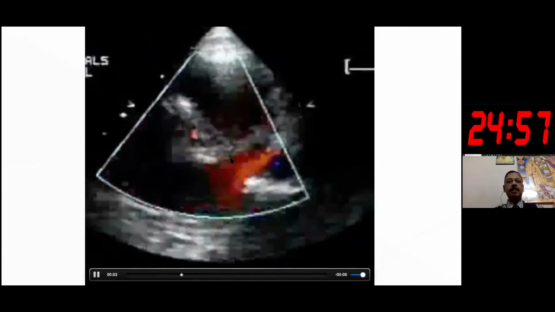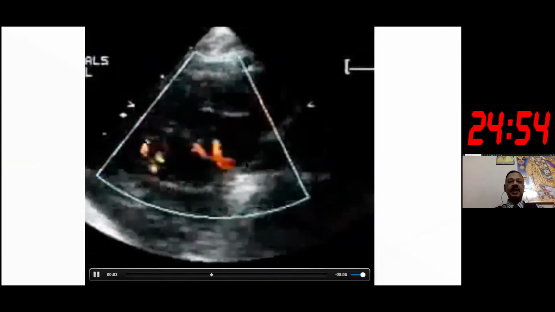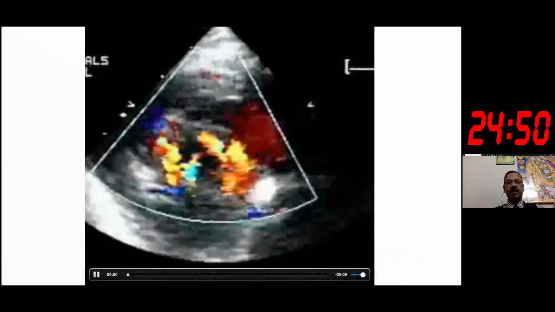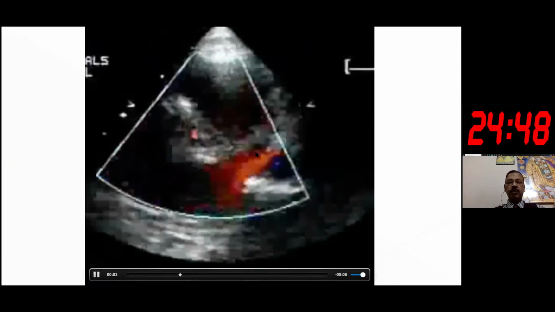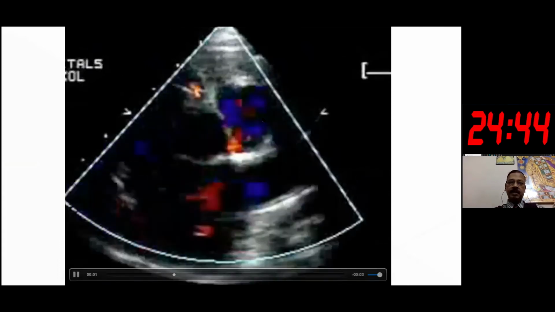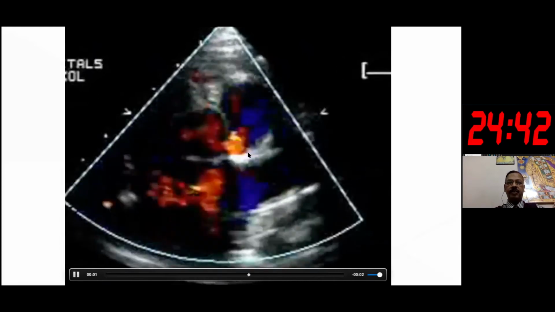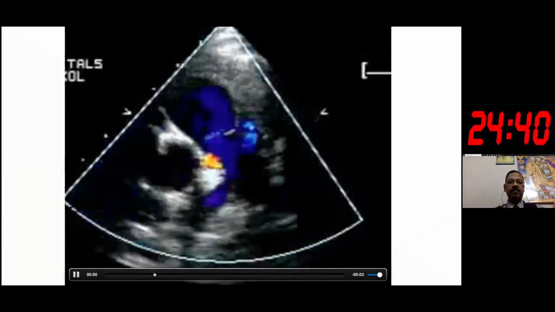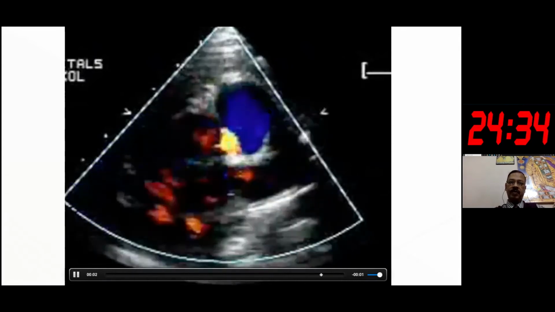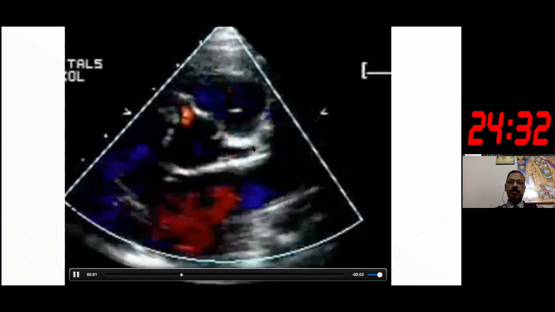See, these are the multiple collaterals in the interventricular septum. But if you go to the next slide, you can see very beautifully there is a reversal of flow in the left coronary artery, and there is an increased augmented flow in the right coronary artery. You can see very beautifully this is the left coronary artery with the blue flow coming from there.